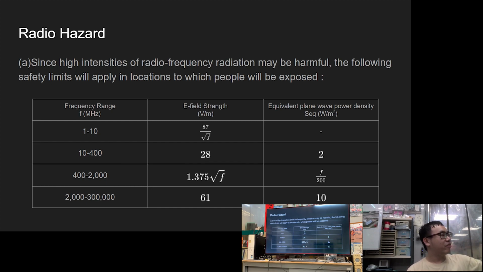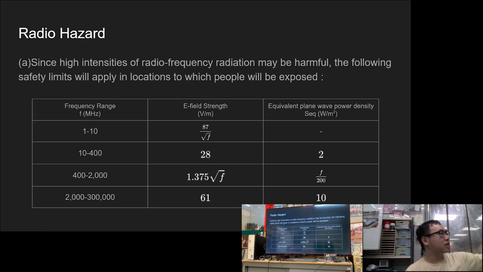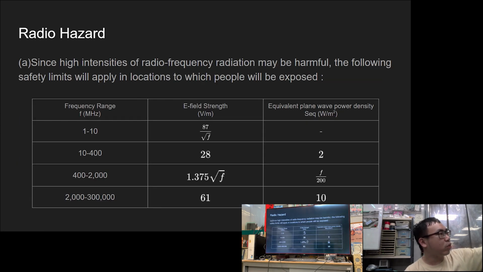Okay. For pulse, which is 300,000 megahertz, 61. So your one-time pulse should not exceed 61,000 volts per meter. The field strength should be less than 61,000 per pulse.